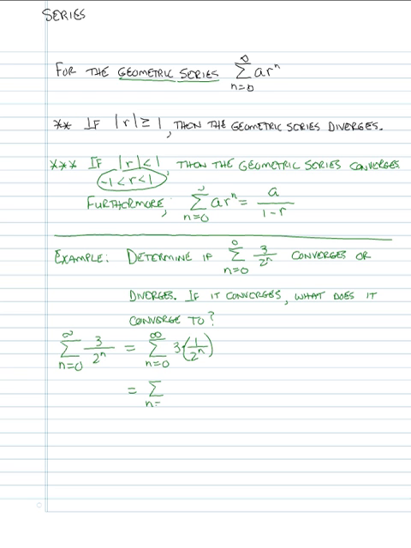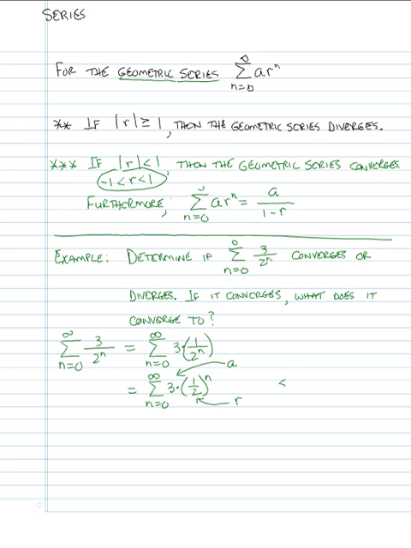We can say this is the sum from n equals 0 to infinity of 3 times 1/2 to the power n, since 1 over 2 to the n is the same thing as 1/2 to the power n. So now we recognize that this 3 is the a value and this 1/2 is the r value.